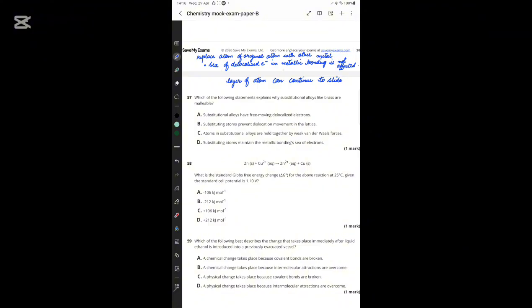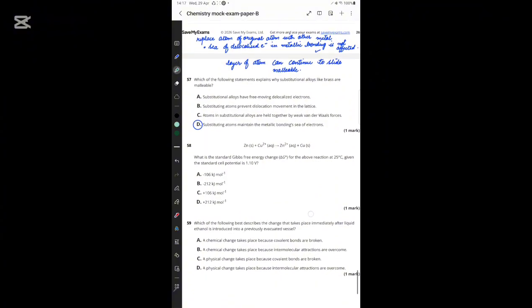Second thing, the sea of delocalized electrons in metallic bonding is not affected. Layers of atoms can continue to slide past, which makes them malleable. So the right answer is going to be D, that substituting atoms maintains the metallic bonding sea of electrons.